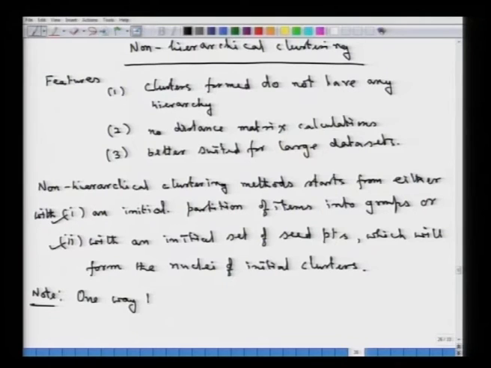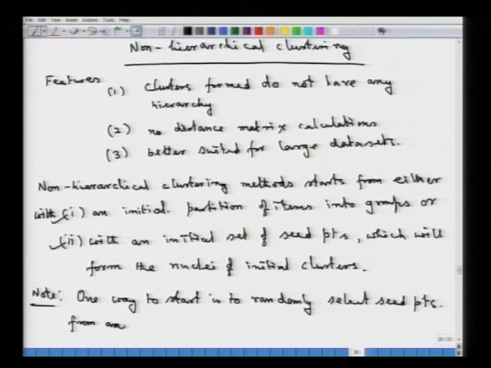One way to start is to randomly select seed points from among the data itself, from among the items, because each of these items is p-dimensional in nature.